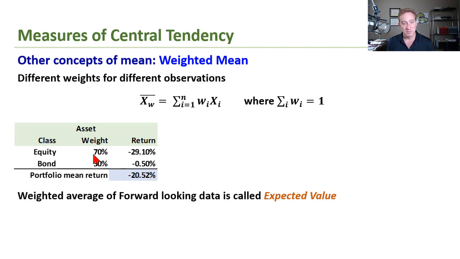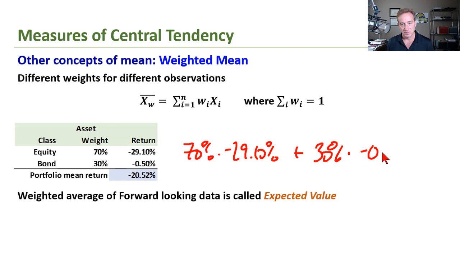And so the weighted mean there would be the 70% multiplied by its return plus the 30% weight multiplied by its return, negative 0.5%, equals, in this case, negative 20.52%, such that the nature of the weighted mean is, let's assume these returns are fixed. As we shift the allocation and vary the weights, our weighted mean will be different. The weighted average of forward-looking data is something that we could call the expected value.